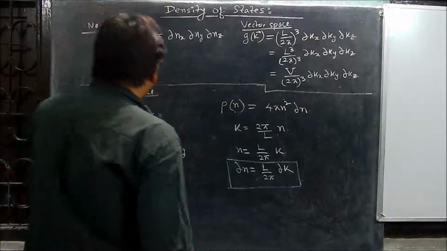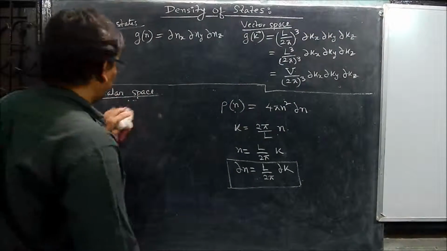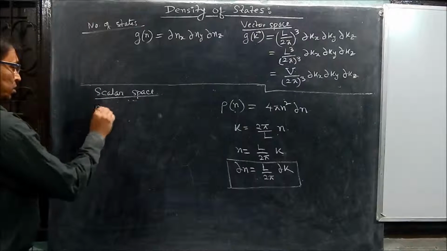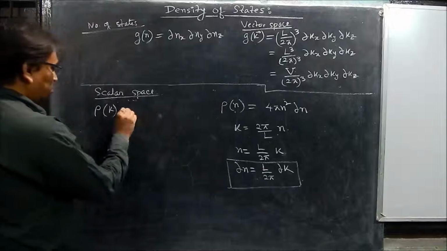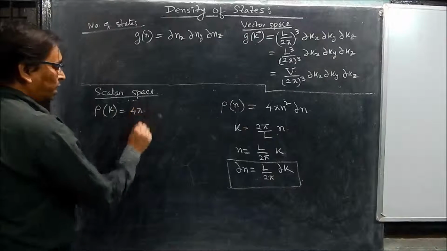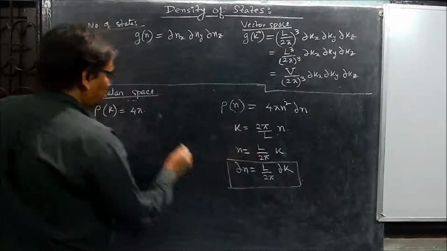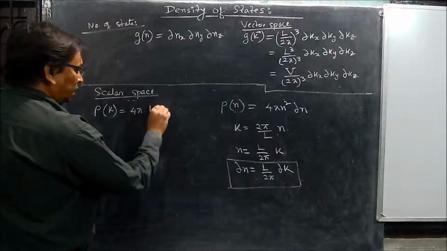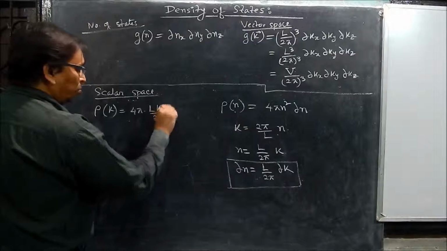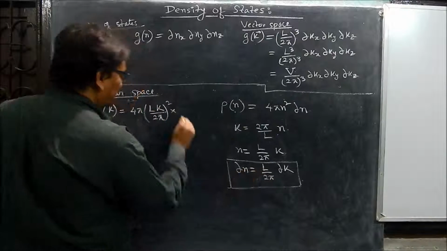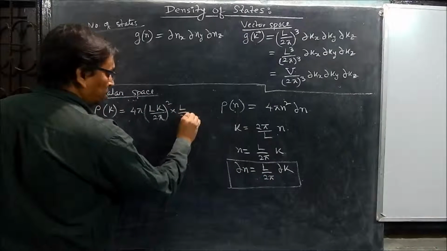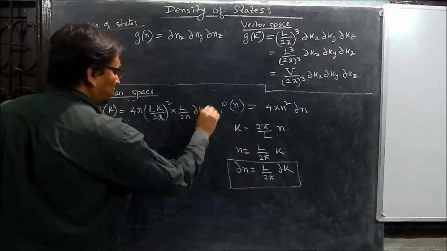This is the scalar space, rho of k, and this is equal to 4 pi, and in place of n square we will put Lk by 2 pi whole square into del n, and del n is L by 2 pi into del k.